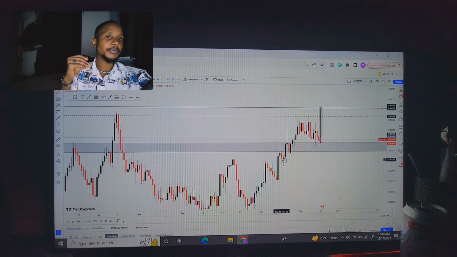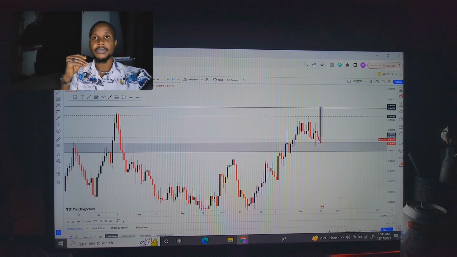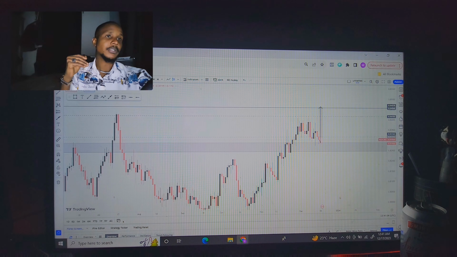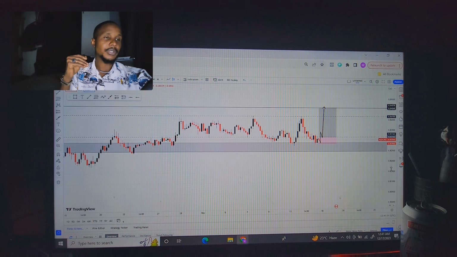You see how price broke past it, and now when we broke past it, we came back to retest it, right? And we have come back to retest it again, right? So this is like a support level, and we're waiting for our buys above here. So if we go down to a lower time frame of 4 hours, you see our buy position there.